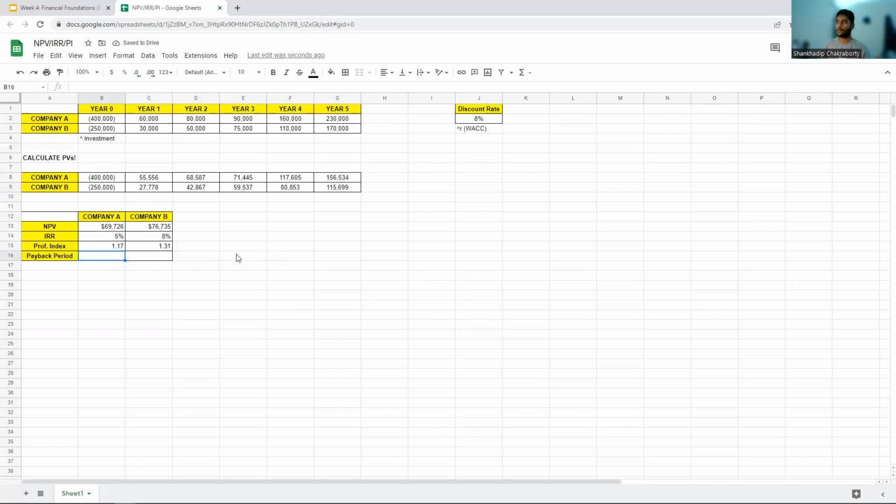Cool. Now we do payback period, which is kind of a manual thing. So for payback period for company A, I'm going to be just taking the sum individually until I get to 400,000. Okay, so 313. So it's not going to take the full 5 years, but it's going to take 4 point something. So in order to get that point something, we do negative 400,000 minus this.